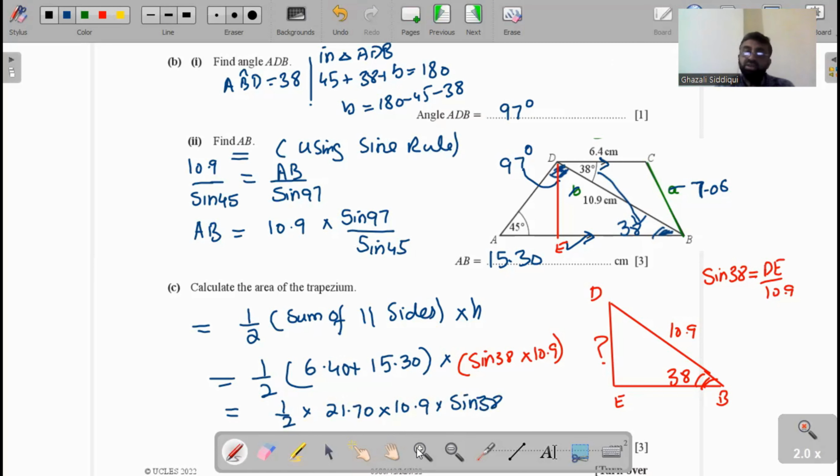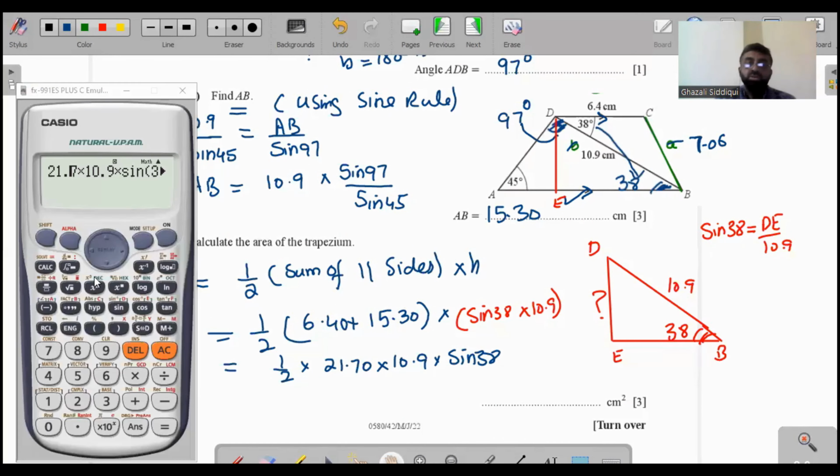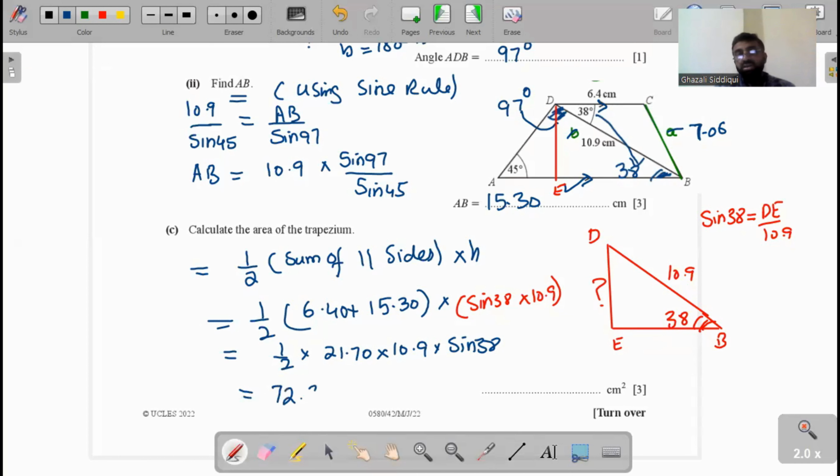Now we calculate it. You can see here I put the value in the calculator. 21.7 multiply 10.9 multiply sine 38 degrees, divided by 2. We get the answer 72.81, and that's equal to 72.8 centimeters squared.